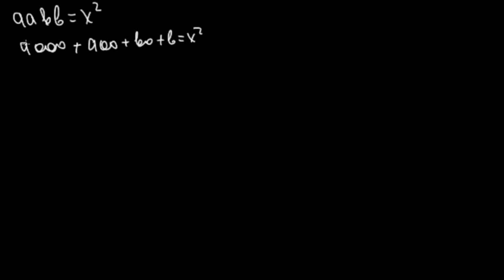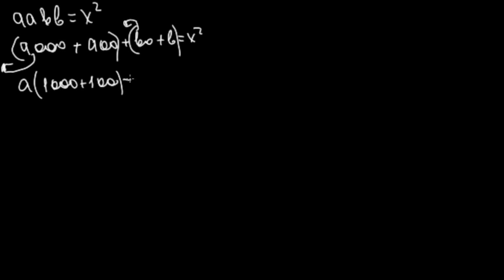Now we can group: from this bracket we can take out a, and from this bracket we can take out b. So a times (1000 plus 100) plus b times (10 plus 1).